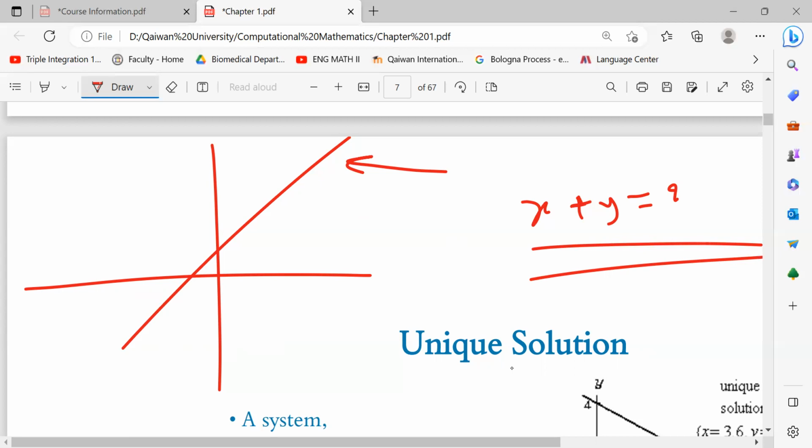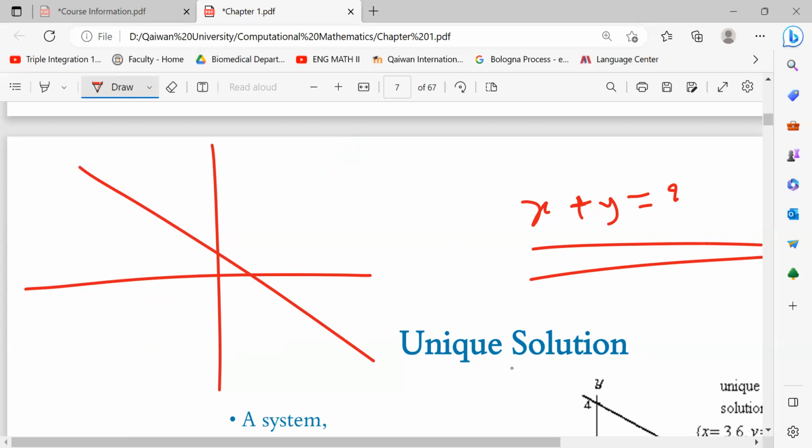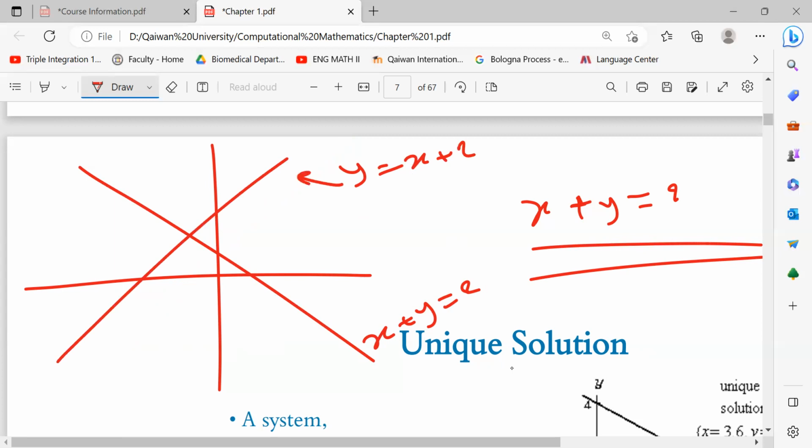If we have another linear equation, so y equals x plus 2, it's like this. As you see, these two equations intersect at only one point. If the lines intersect at only one point, it means we have a unique solution. That means these two equations are common at only one point, which is this one.